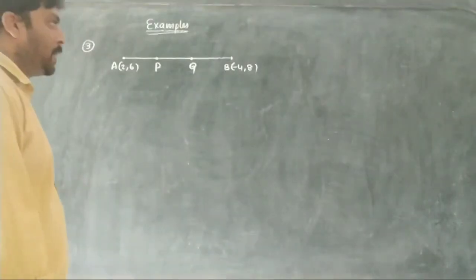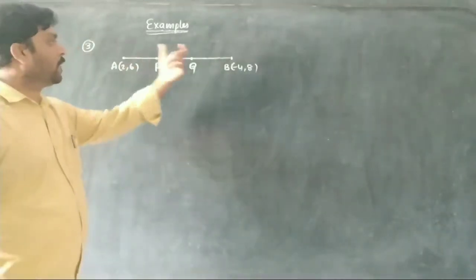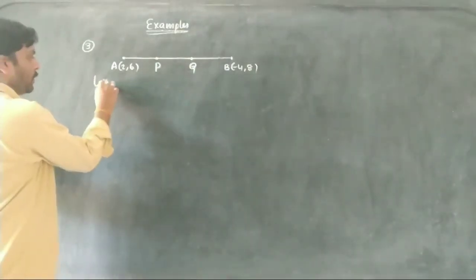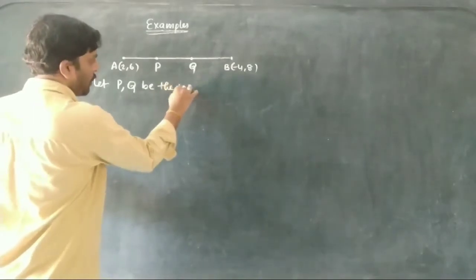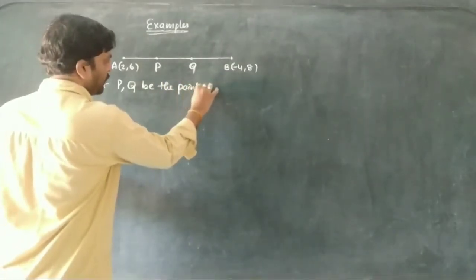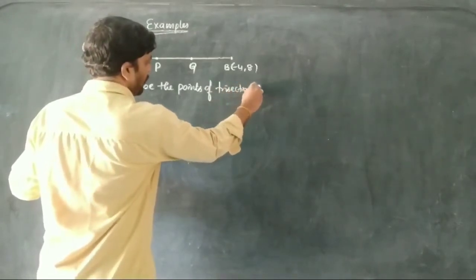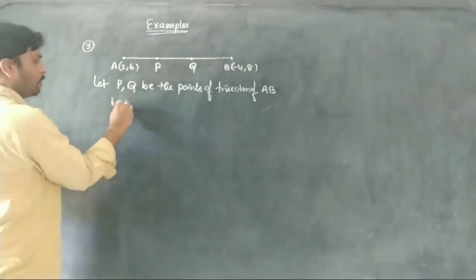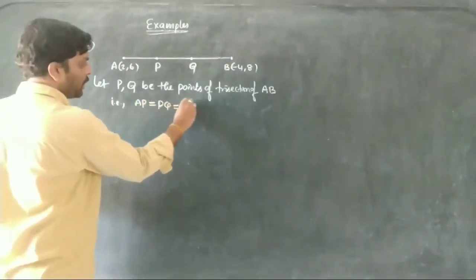Here find the points of trisection of line segment AB. Here A is given, B is given, we don't know P and Q. Let P, Q be the points of trisection. AB, that is AP is equal to PQ is equal to QB.